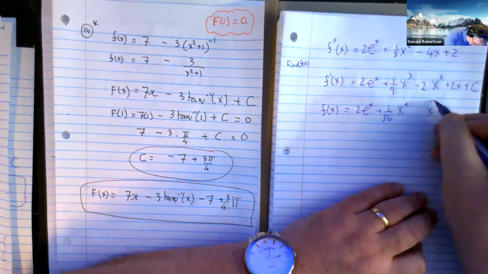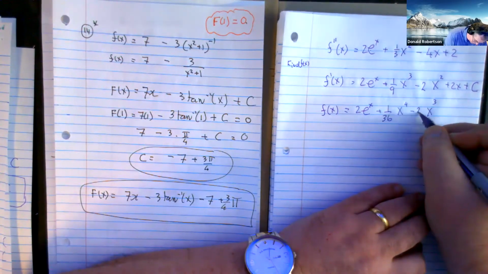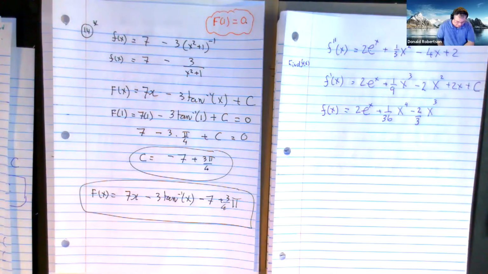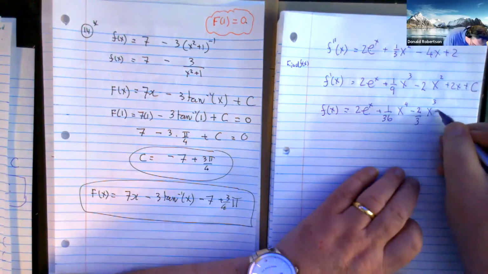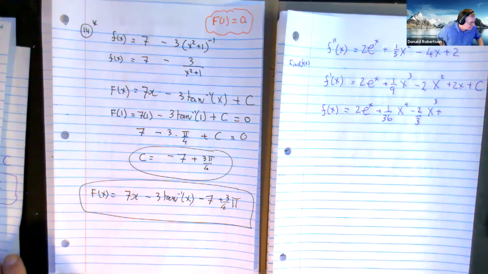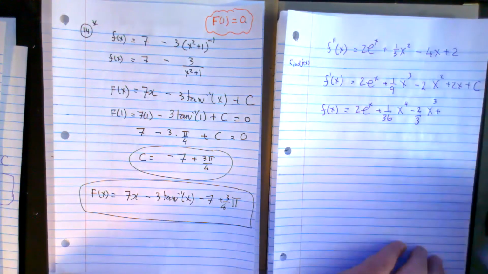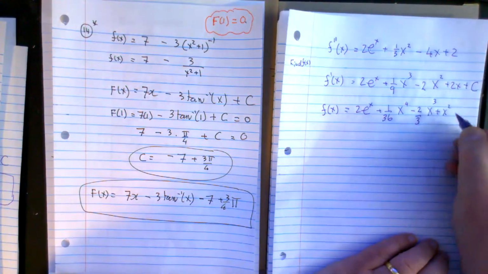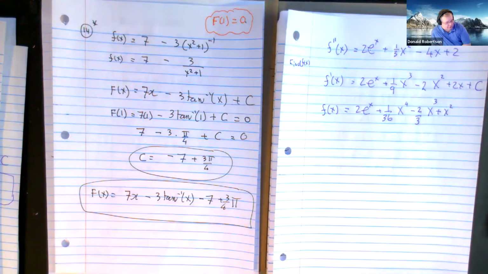This guy, you add 1 to the power and you divide by the new power. So you've got negative 2/3 x cubed. What would you get if you did the antiderivative of 2x? What would that get you? x squared. Agreed.